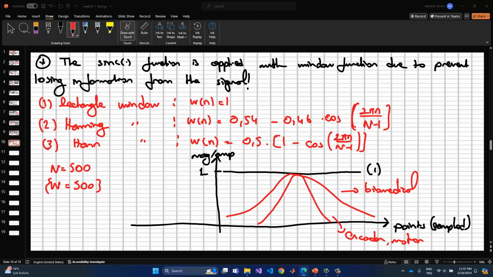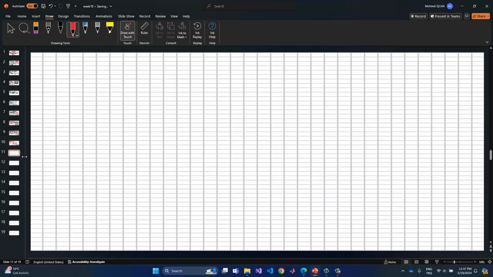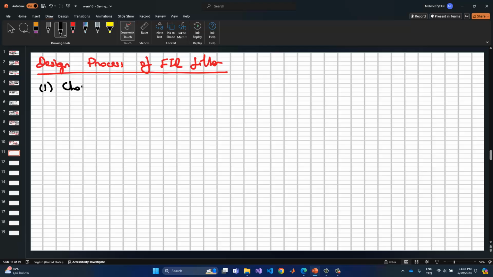So in the next step, we need to talk about how we can design the FIR filter. First of all, we need to choose the cutoff frequency, fc.